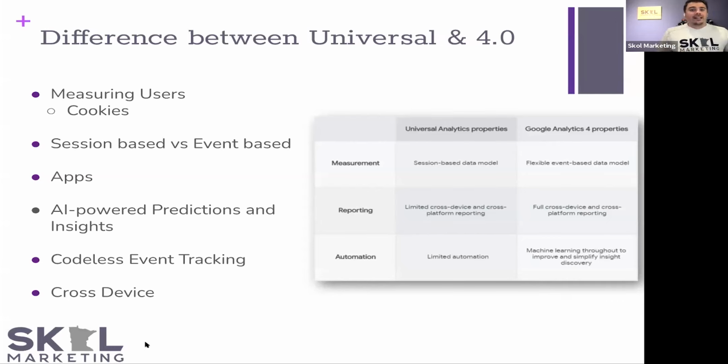And the last one that is a really big difference over Universal is that 4.0 is not only very conversion based, not only not using necessary cookies, not only using codeless event tracking, we're also getting a lot more cross-device tracking. This is becoming super popular, as you can imagine, as I pick up a phone and then decide to go to my computer, then go back to my phone and then go to my tablet.